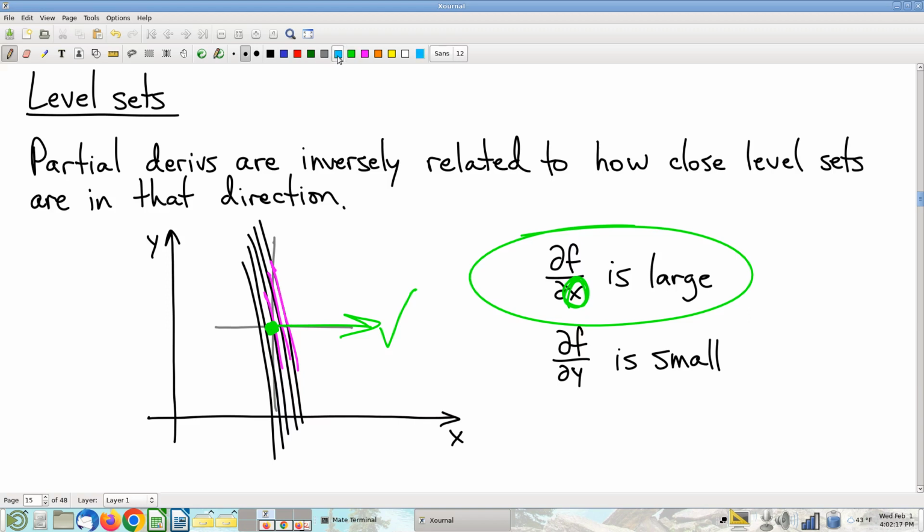And now by contrast, if I were to go this way instead, well, I'm still going to make it up those same contour lines, but notice it takes me a lot more distance, right? So it takes me this far to go up two contour lines, as opposed to only this far to go up those same two contour lines if I were going in the x direction.